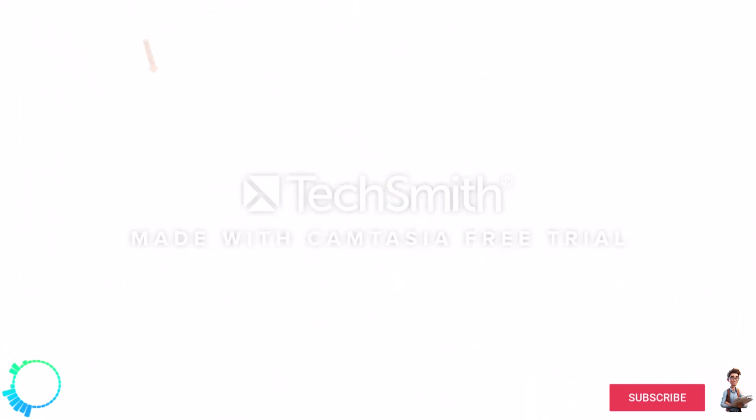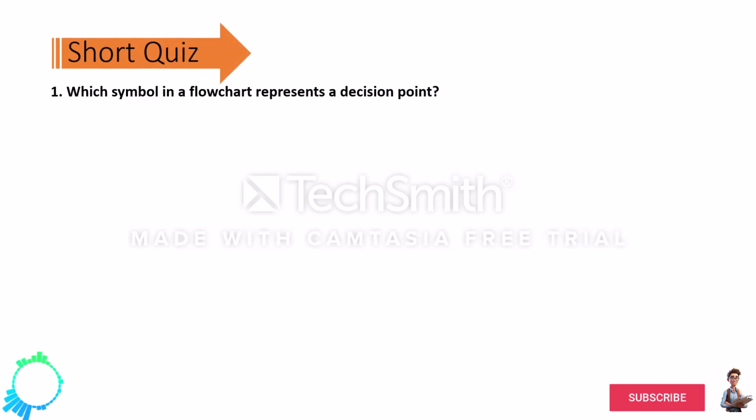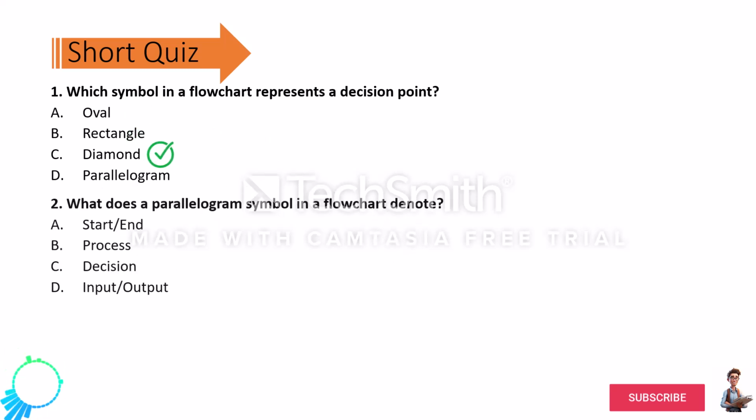Now let's take a short quiz. The first one: which symbol in the flowchart represents decision making? Yes. The answer is diamond. Correct. Now the next question: what does the parallelogram symbol in a flowchart denote?